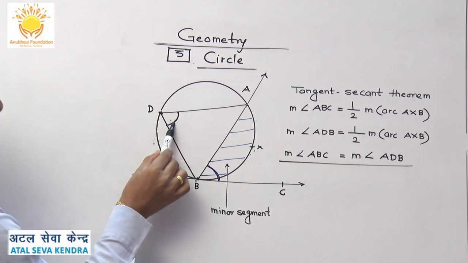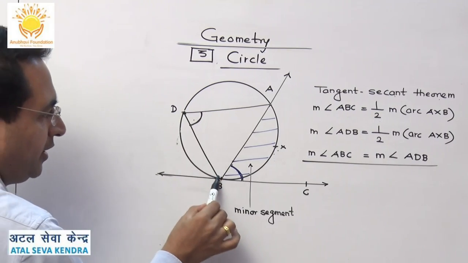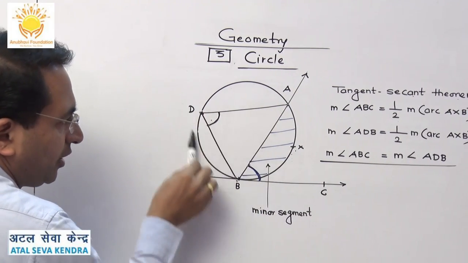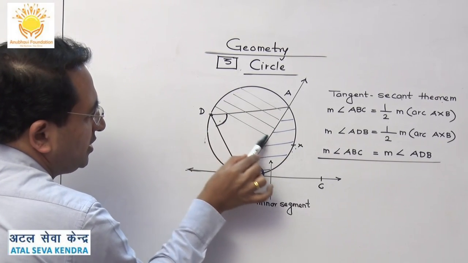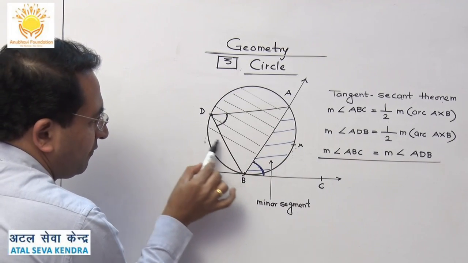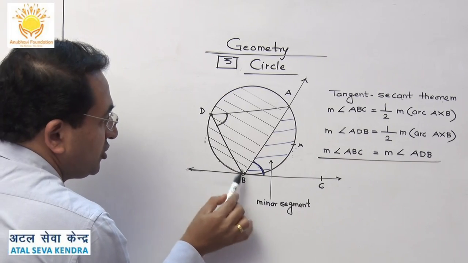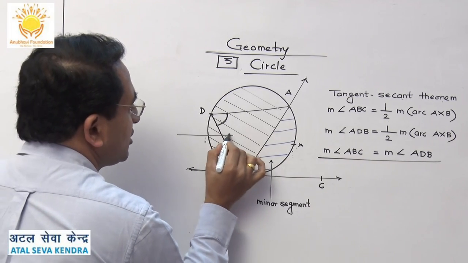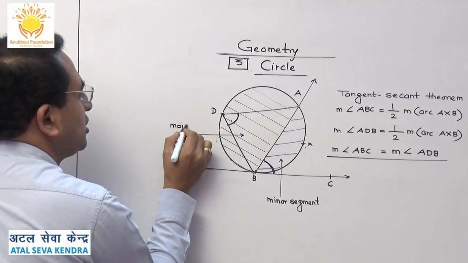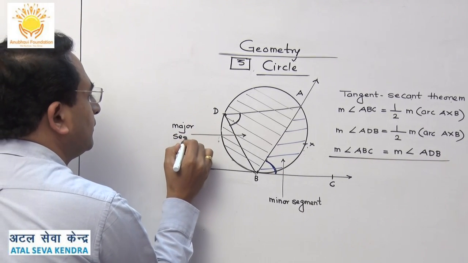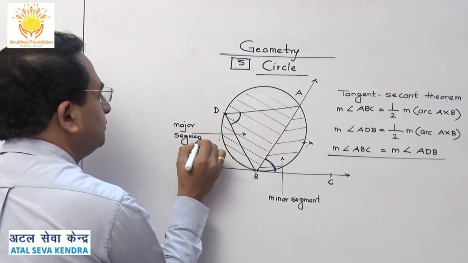Now this particular angle is formed in this region. So I highlight this part now. This region is adjacent to this portion, that is known as major segment. Is that clear to you?